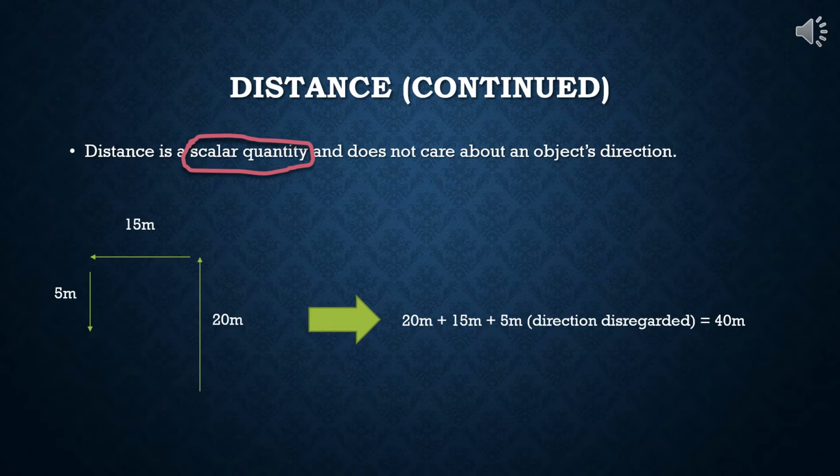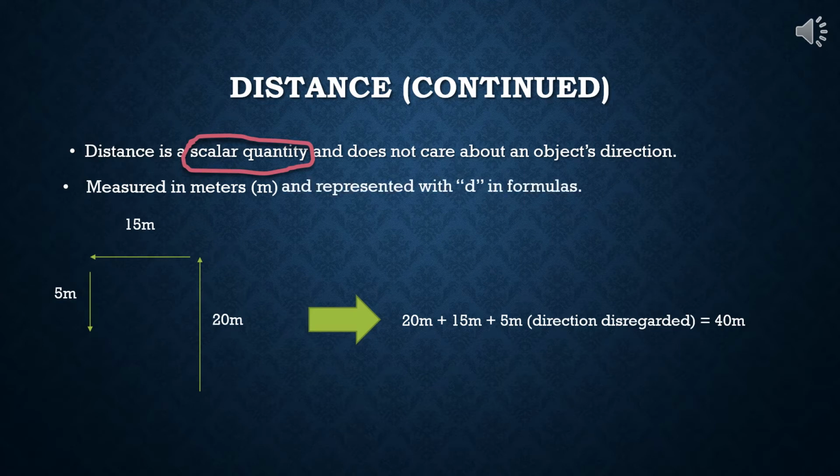Distance itself is measured in the SI unit meters, which just means that in physics, we measure amounts of distance in meters, not in inches or feet, etc. It is represented with the lowercase letter d, essentially meaning that just as you might use x or y to represent something in basic algebra, d is the variable in formulas to represent distance.